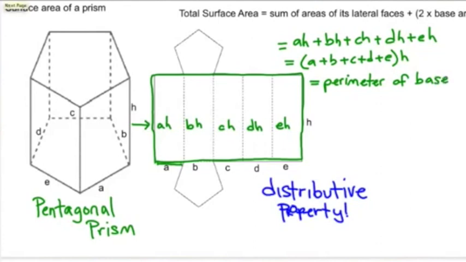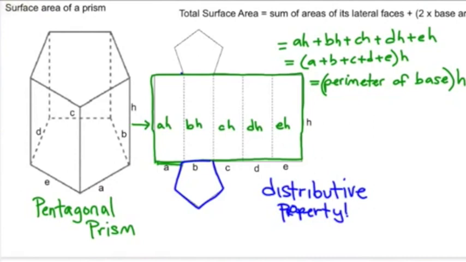So I have the perimeter of the base in green, and I've taken that and I've multiplied it by the height. Now what I need to do is include my base area.